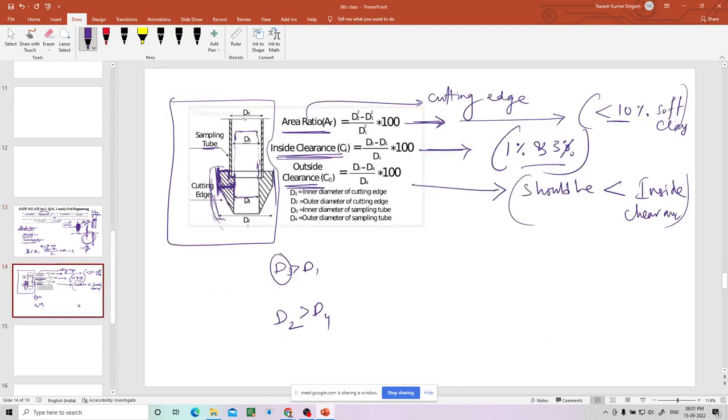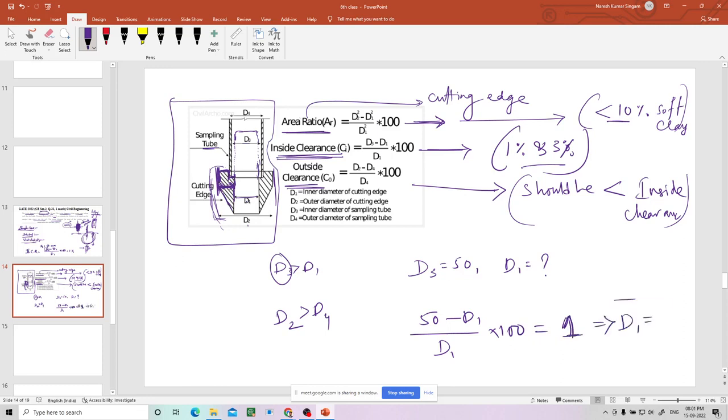We have been given D3 as 50, and we should find out D1. 50 minus D1 by D1 into 100. This is the ICR, given as 1%. Now tell me what is D1. Somebody? 49.99. Okay then, 49.99 mm. This is how we will solve.